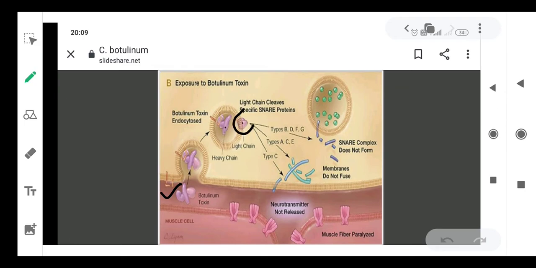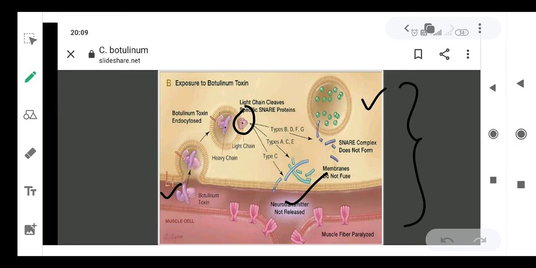The light chain is taken out and cleaves the snare protein complex, synaptobrevin, SNAP25 and so on. So snare vesicular fusion is stopped, and as a result neurotransmitter is not released. There is no muscular contraction, only muscular relaxation, and that brings about flaccid paralysis.